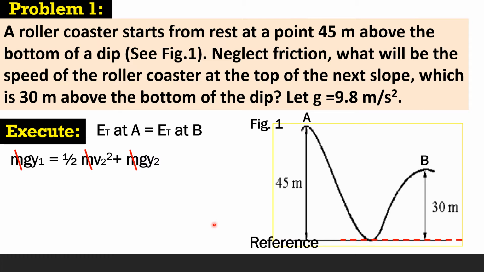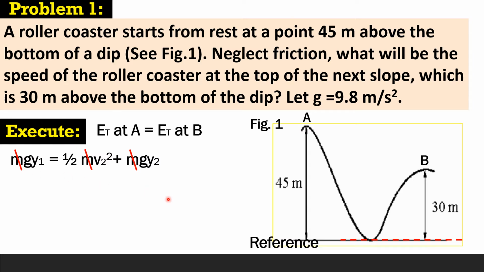As we proceed, since we are looking for v sub 2, we need to transfer gy2 to the other side of the equation. So it's like you subtract mgy2 from both sides, and on the other side, that's supposed to be gy1 minus gy2. We don't have the mass anymore. We just canceled it.